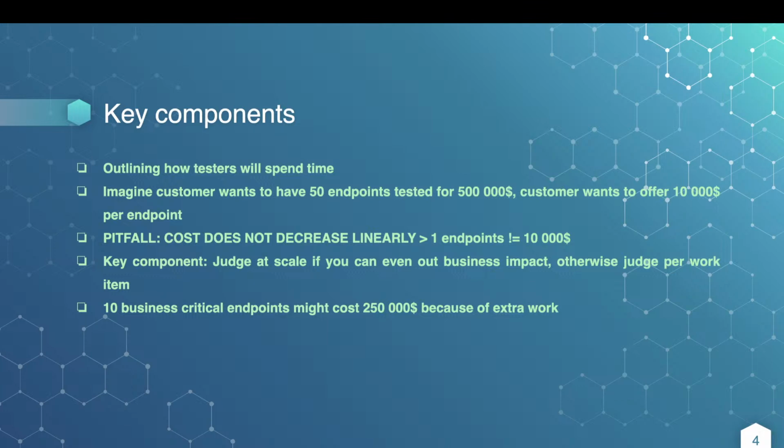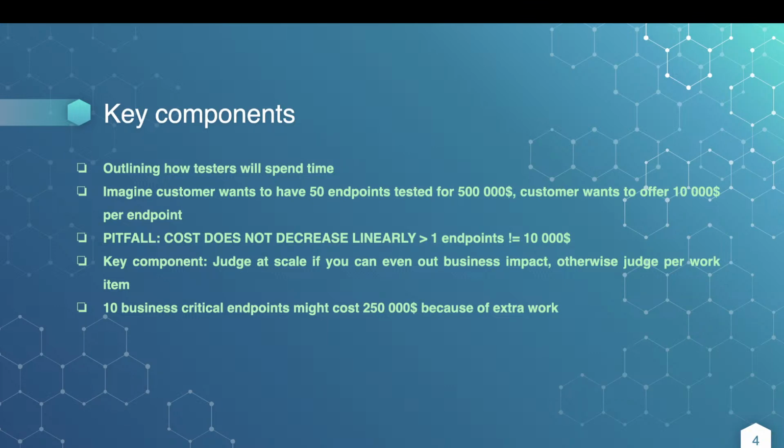A pitfall here is that the cost does not decrease linearly. That means that adding a single endpoint does not mean adding 10K. Key component here is you need to judge at scale if you can even out the business impact. Otherwise, you're going to judge per work item, and that's not the good way to work here.